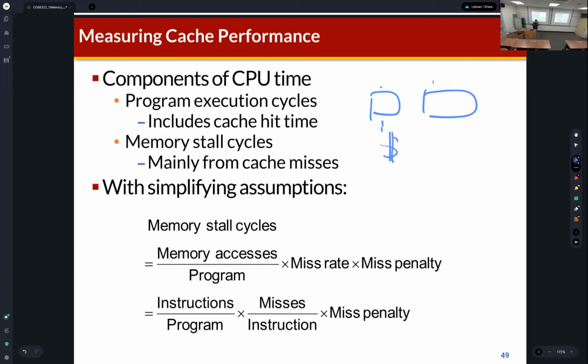Then the requested data can be found in the cache or cannot be found in the cache. There are 2 possible cases.